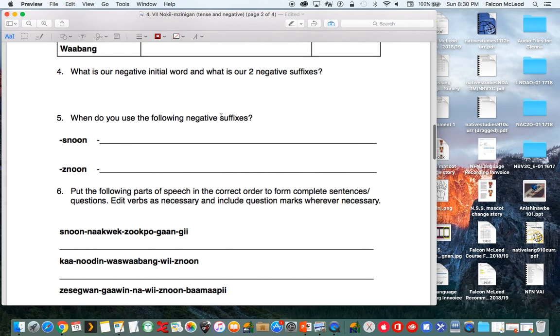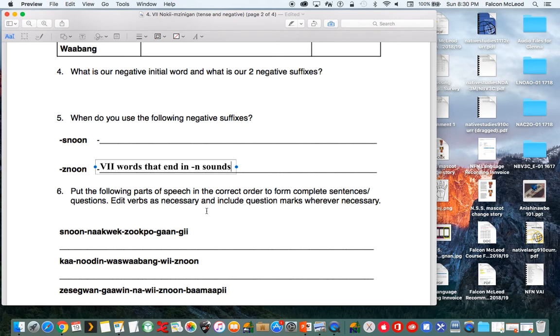All right. When do you use the following negative suffixes? So what type of VII words use the negative suffix snown, and what use the negative suffix znone? So I'm going to put in here VII words that end in N sounds.